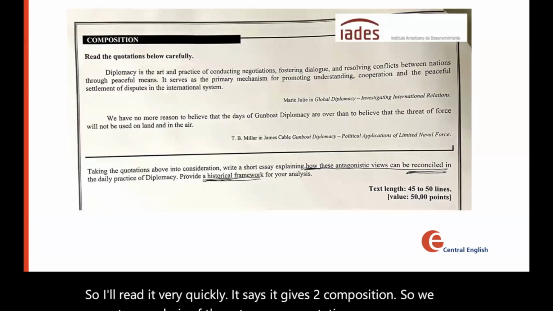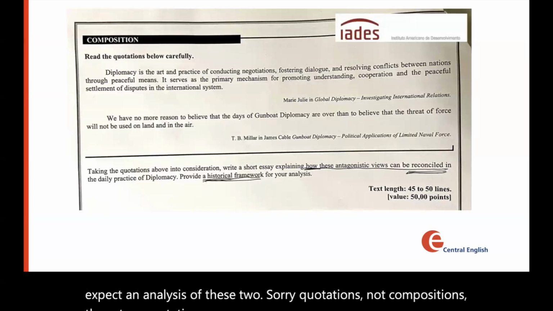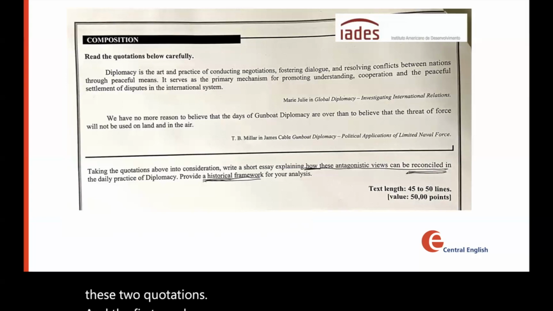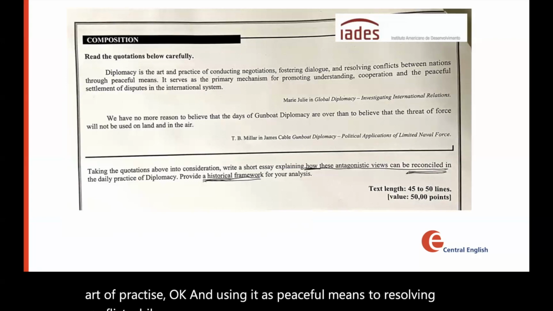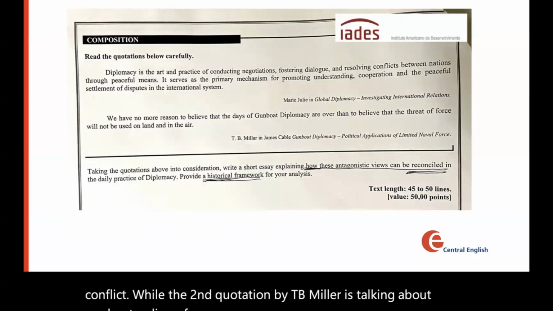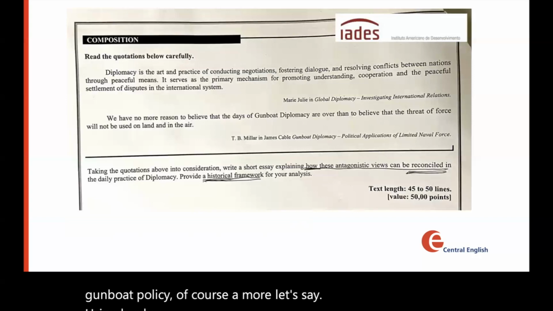The first one, by Marie-Julie, talks about diplomacy as an art of practice, using peaceful means to resolve conflict, while the second quotation, by T.B. Miller, talks about gunboat policy, of course, using hard power as a means to resolve conflicts rather than diplomacy.